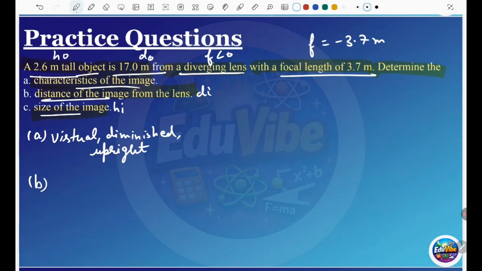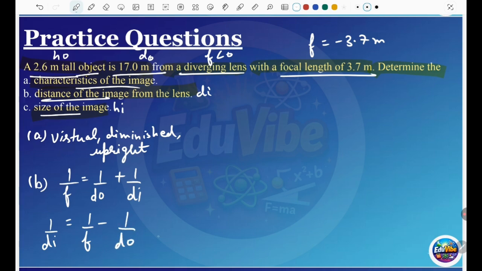It's not very hard to find. You have a focal length, you have a DO, so you can use the lens formula to get your DI. 1 upon DI is equal to 1 upon F minus 1 upon DO. So 1 upon DI is equal to 1 upon minus 3.7 meters minus 1 upon 17.0 meters.